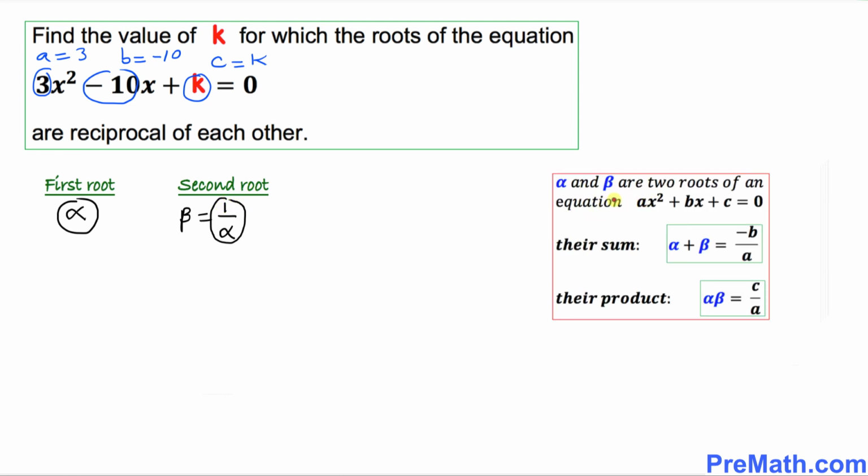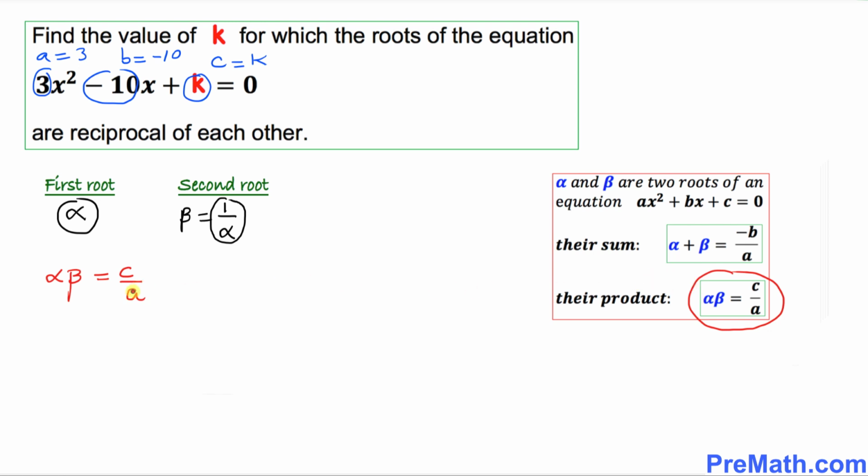And here you can see that if alpha and beta are two roots of a given quadratic equation, then their sum is minus b over a, and their product, multiplication, is simply c over a. So we are only interested in this part. The product alpha times beta is c over a. So I'm going to write down alpha times beta equal to c over a by using this fact.